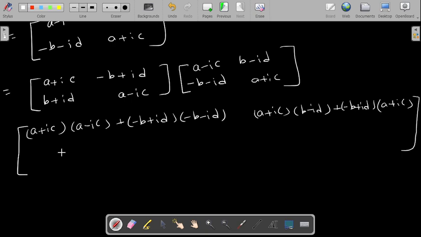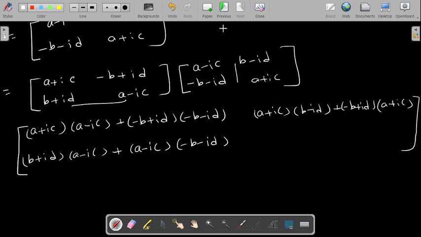Next second row into first column: B plus iD into A minus iC, plus A minus iC into minus B minus iD.